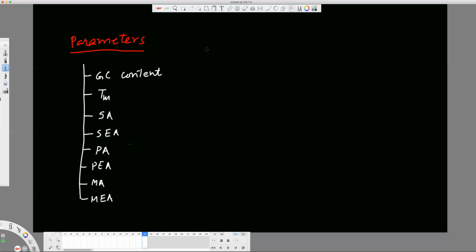So let us say the reference values. For GC content, I have defined the reference value of 55%, and it should have 55% of GC content.